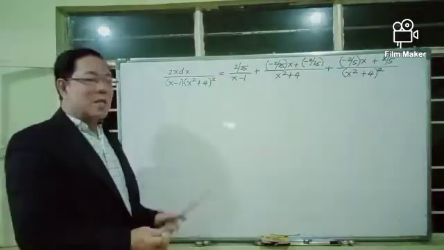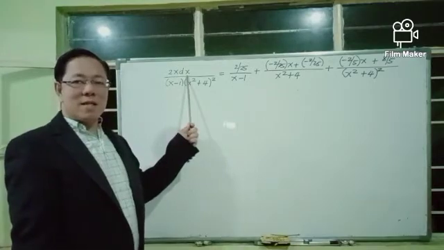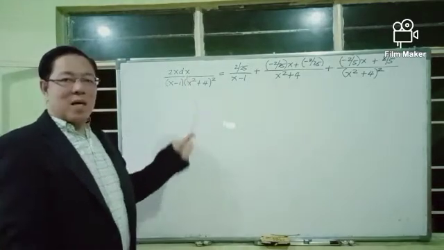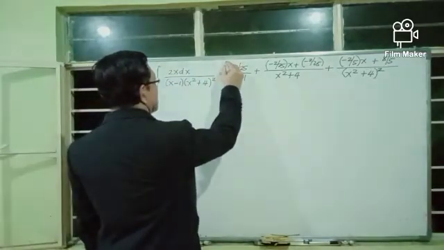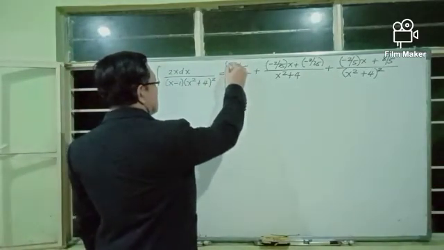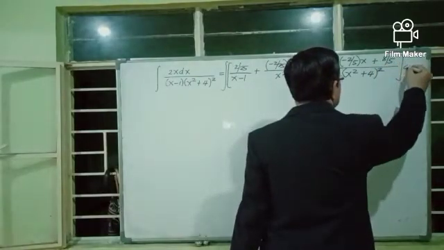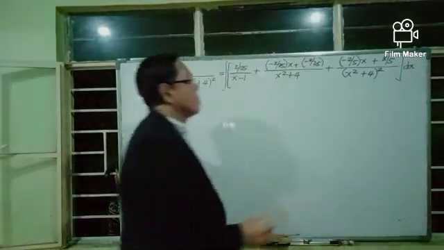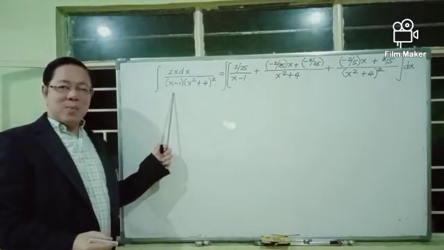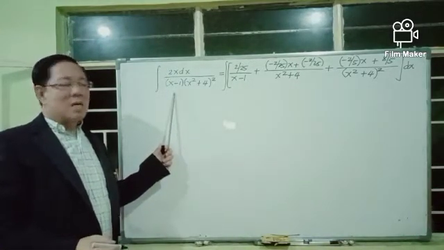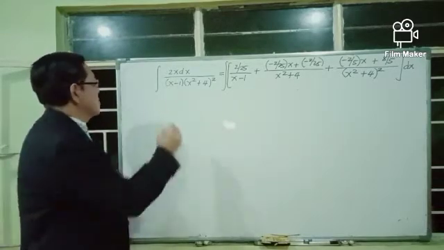And we now integrate both sides with respect to x. It's already indicated with respect to x. We can see that the left hand side is already the given integral, which we are now solving.